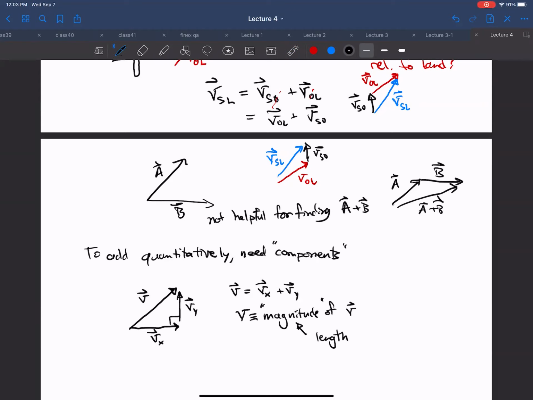So let's say that this is at some angle. I'm going to choose a 45-degree angle just to make it easy. So let's say that vector v represents a velocity at 5 meters per second at 45 degrees. The magnitude of v would be 5 meters per second.